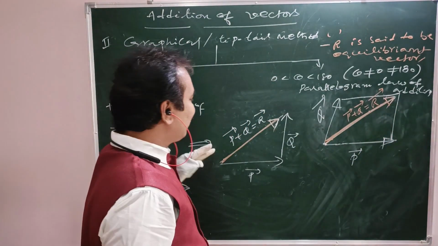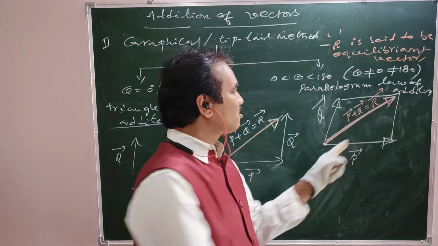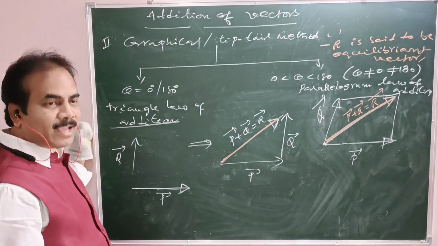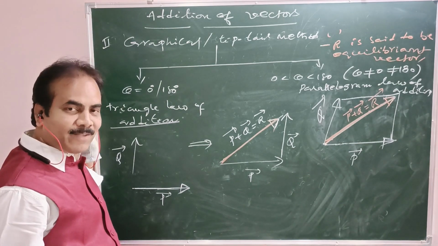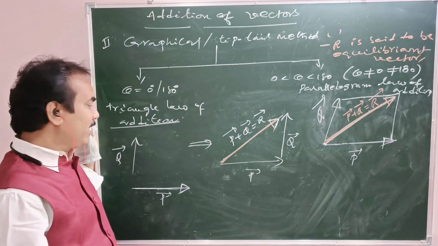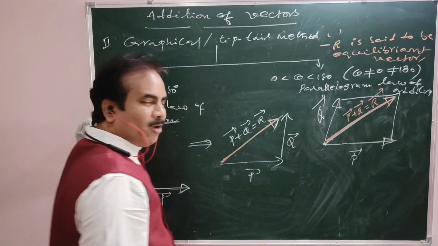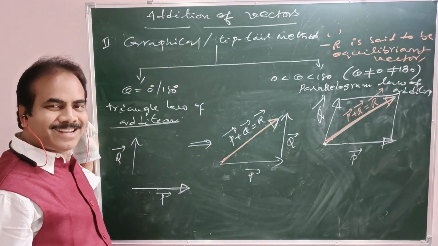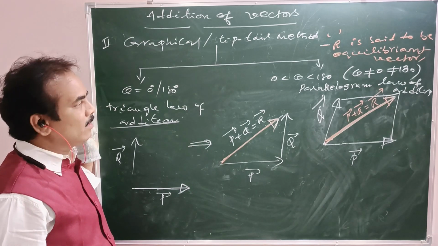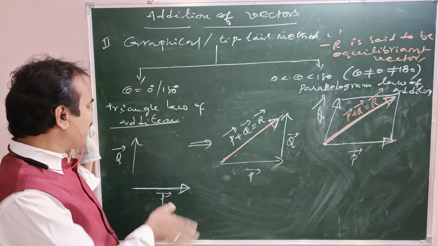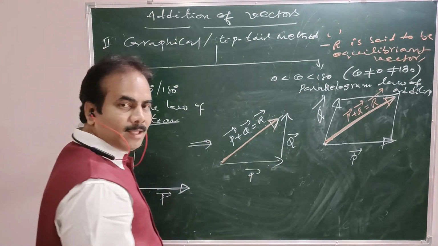So the direction is not changed, the length is also not changed in both cases. That is how one can add given two non-zero vectors, either by forming a triangle or a parallelogram. In both cases the resultant is the same. As per our convenience, one can use either the triangle law or the parallelogram law.